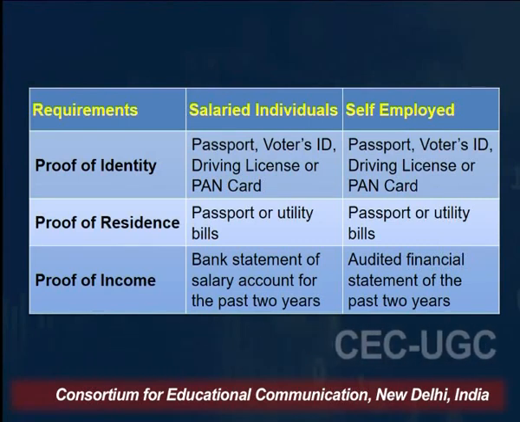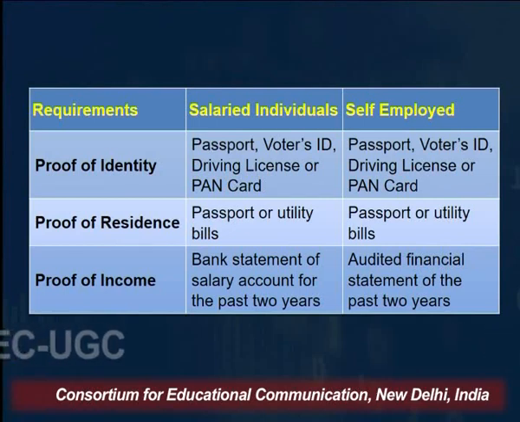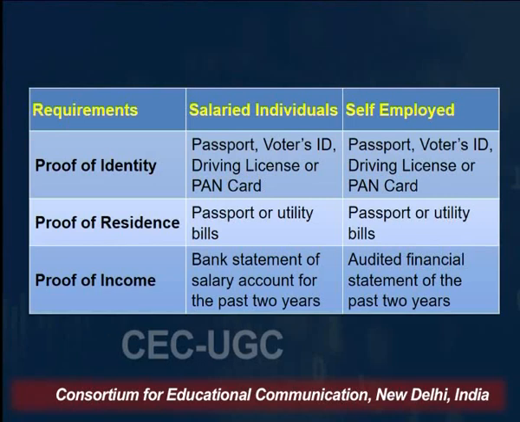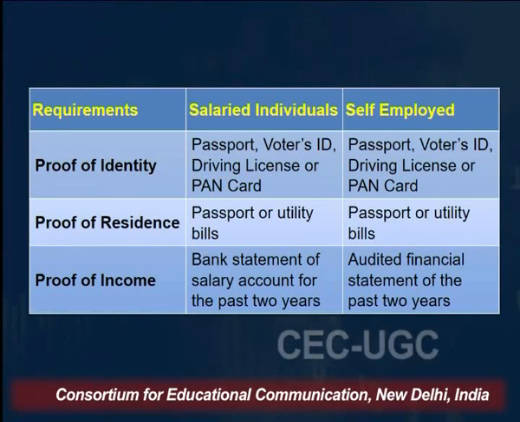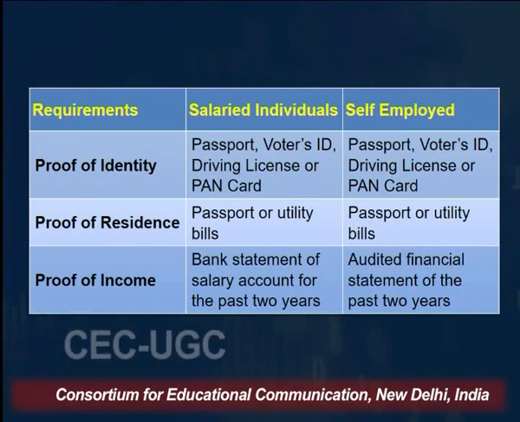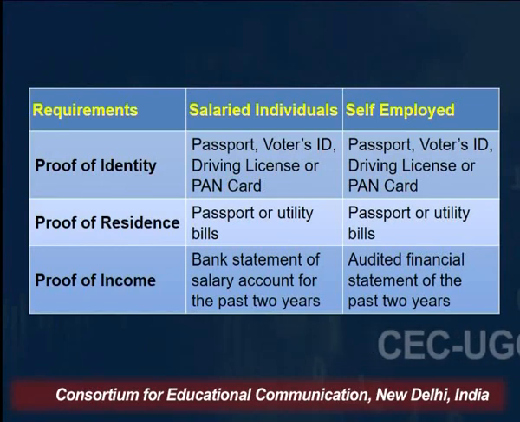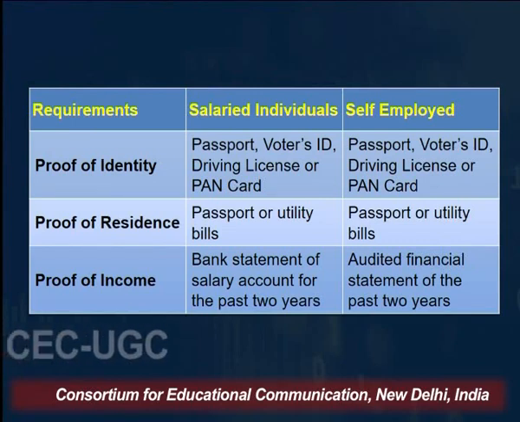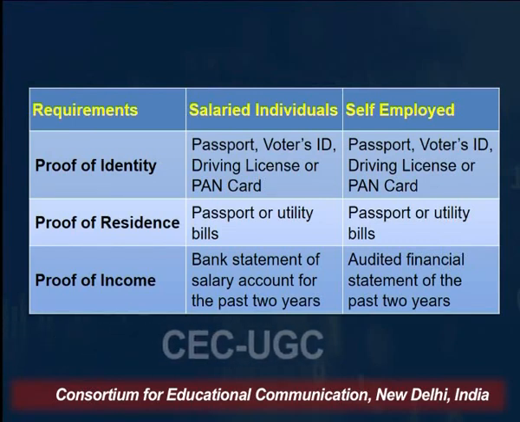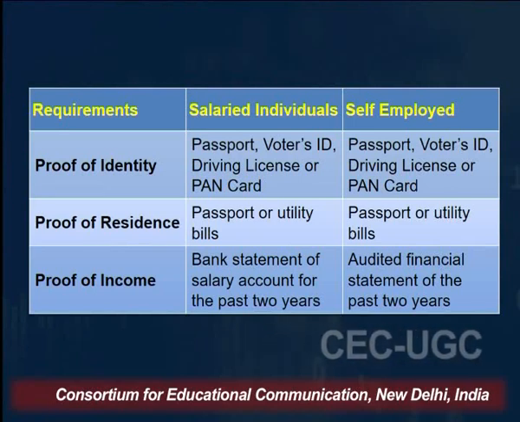So more or less the requirement for proof of identity for salaried and self-employed is almost the same. The second most important document required is a passport or utility bills, that is the proof of residence, and the same is required if you are self-employed. The third most important document is the bank statement of the salary account for the past 2 years.